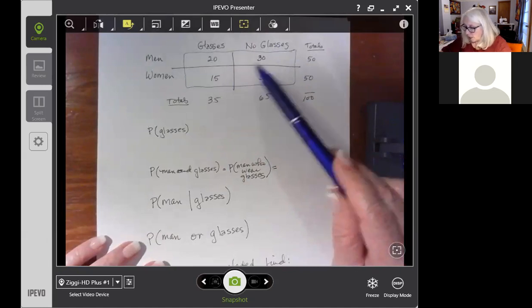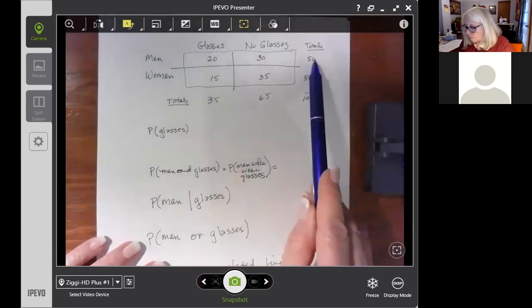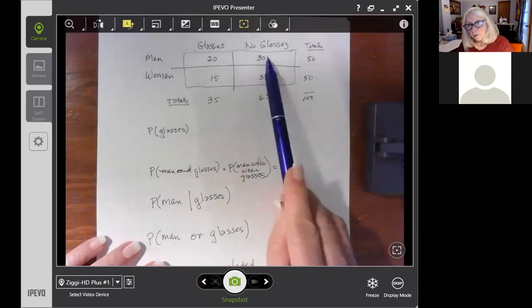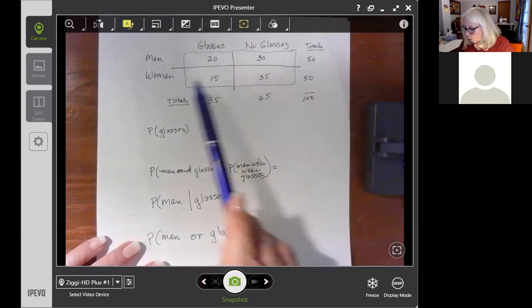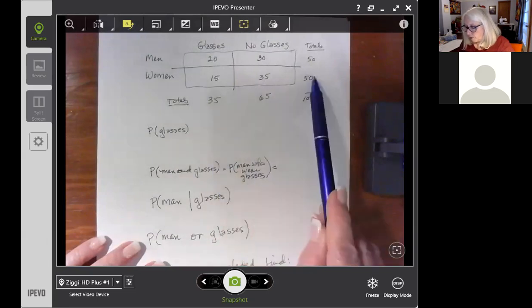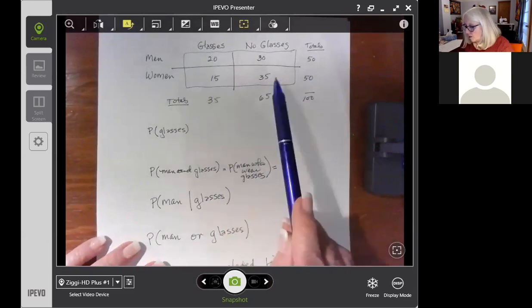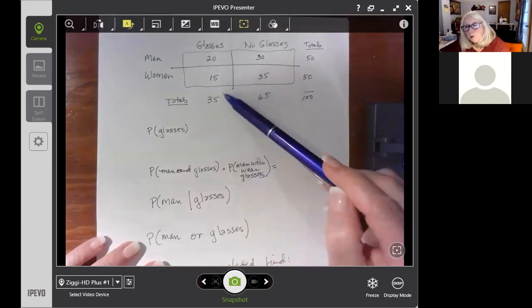So if I look at this row, it represents all the men. And when I add the men who wear glasses to the men who don't, I have 50 men. This row represents all the women. So 15 of them wore glasses, 35 did not. That adds up to 50 as well. Now, this column here are all the people who wear glasses.